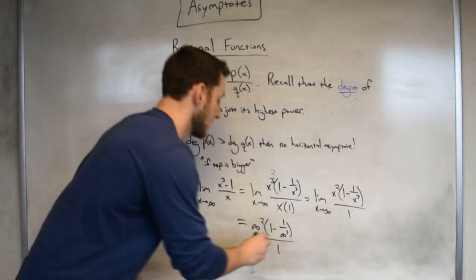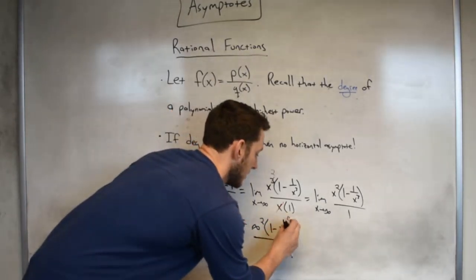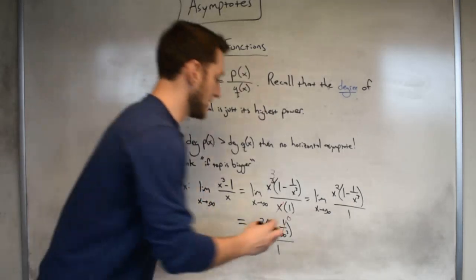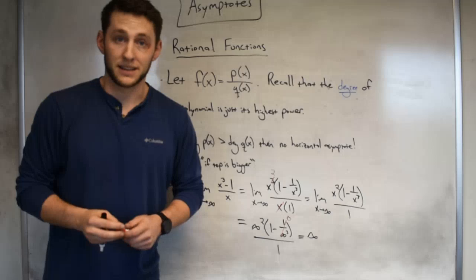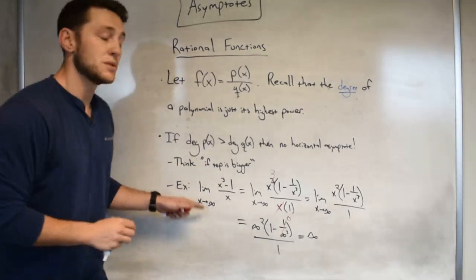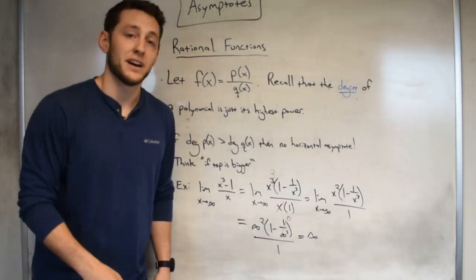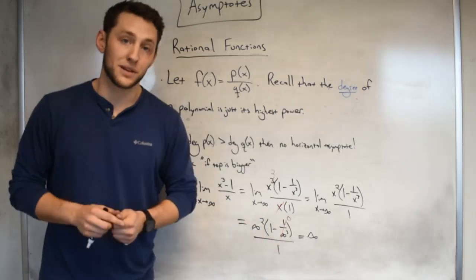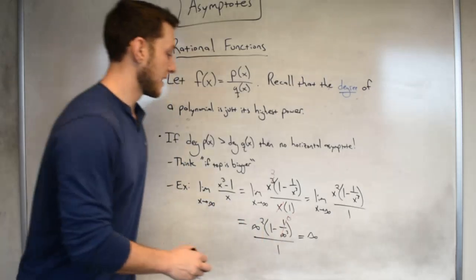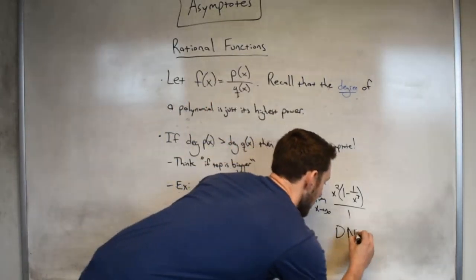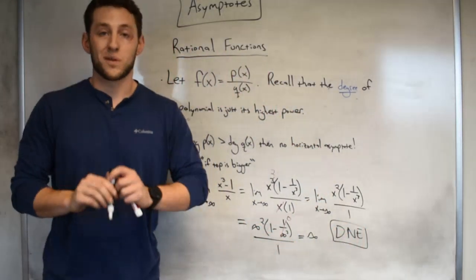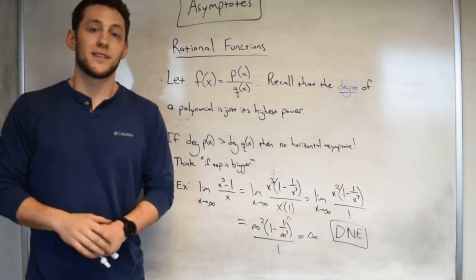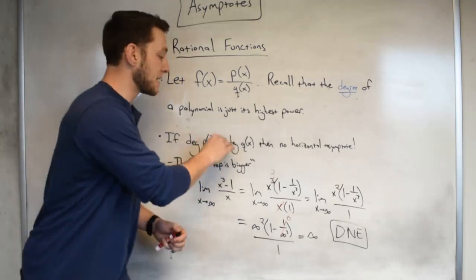But remember that this cancels to 0, so we have 1 times infinity squared, which is definitely infinity. Therefore, since we do not settle on a finite y value, this thing has to be finite to exist, we would say that this thing does not exist. Therefore, there is no horizontal asymptote for this function, since the degree on top is bigger than the degree on bottom.